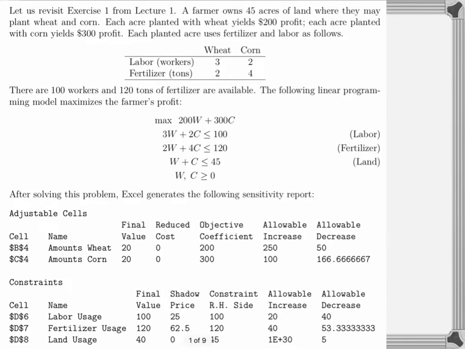Typically, this reduced cost calculation will be something that you use when you are considering the introduction of a new decision in your problem that wasn't there before, and you want to figure out, is this a good idea? Should I pursue this? So let me give you a specific example. This farmer is currently limited to planting wheat and corn.